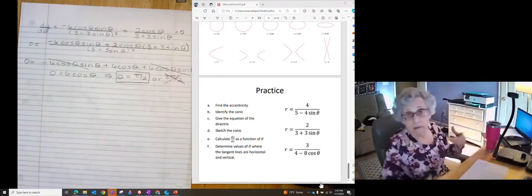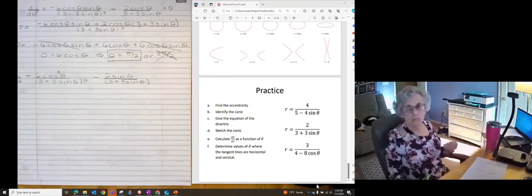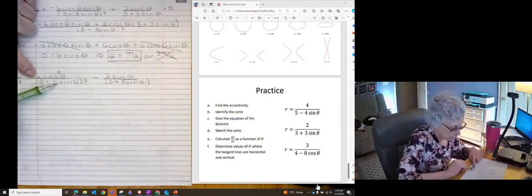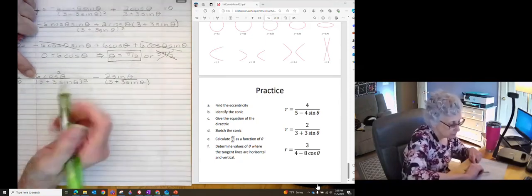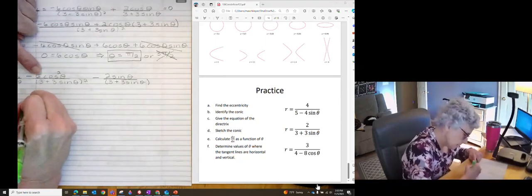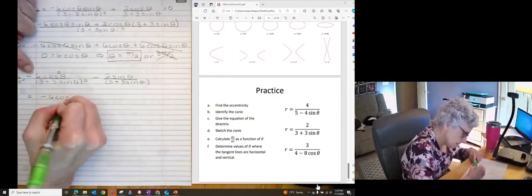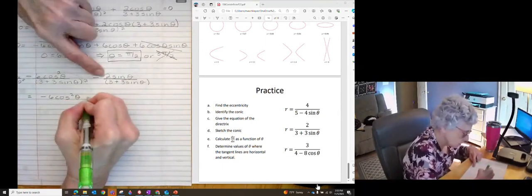So now I'm going to write down dx d theta. Once again, I need a common denominator. I have 3 plus 3 sine theta squared and just 3 plus 3 sine theta. So that means my numerator has minus 6, and I had cosine times cosine, so I just wrote cosine squared.